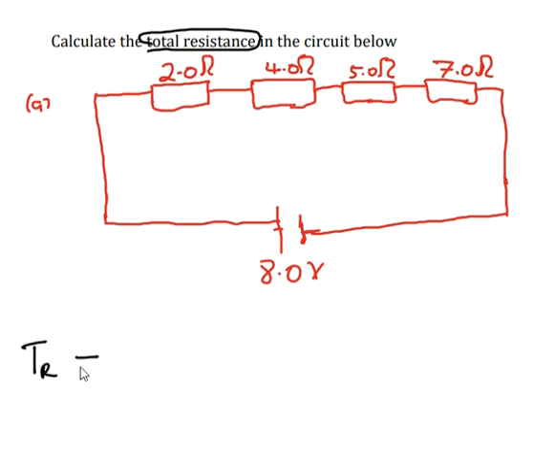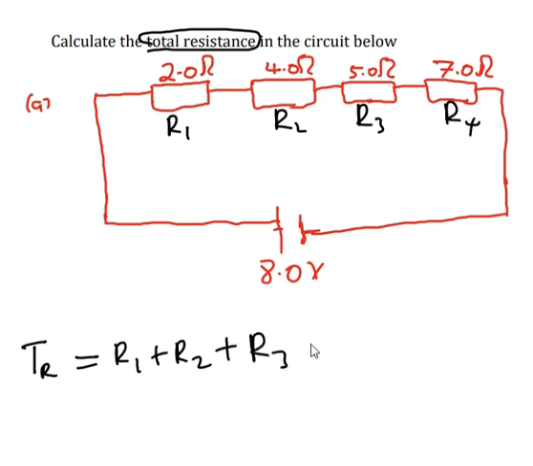Kutanthauza kuti total resistance is equal to, nditi resistance iyi ikhala resistance 1, iyi resistance 2, iyi resistance 3 and iyi resistance 4. Tingopanga add, tikhala ndi resistor 1 plus resistor 2 plus resistor 3 plus resistor 4. Ndi chifukwa chani tapanga add? Chifukwa kuti ma resistors awa ali mu series.